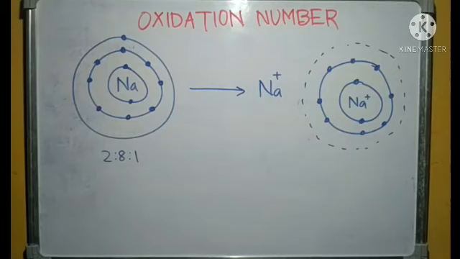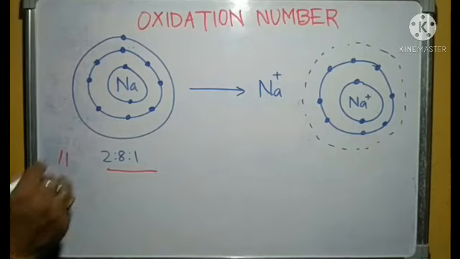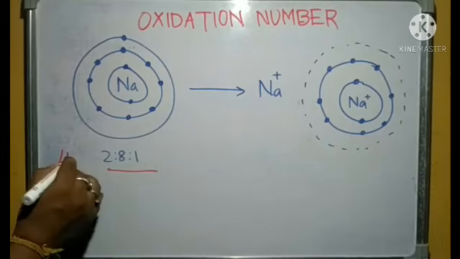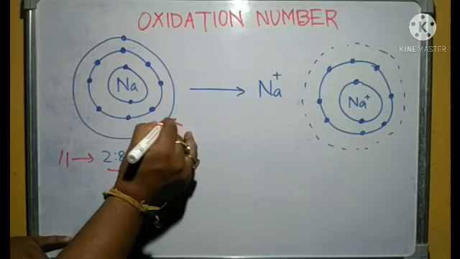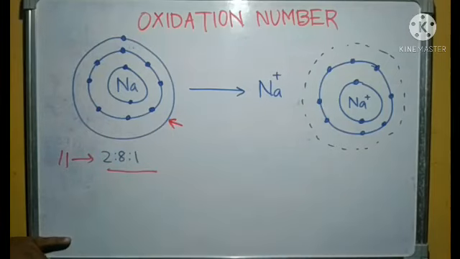This is the electron dot structure of sodium. The electronic configuration of sodium is 2:8:1. You all know this because the atomic number of sodium is 11. So the valence shell, that is the outermost shell, will have only 1 electron.